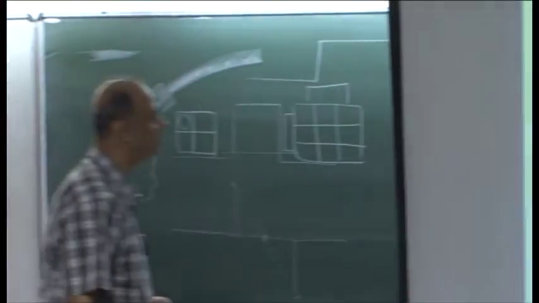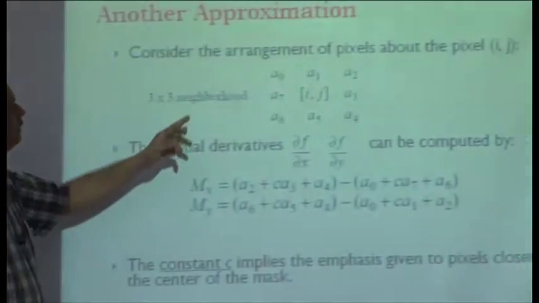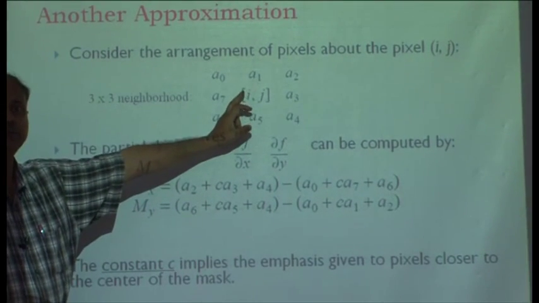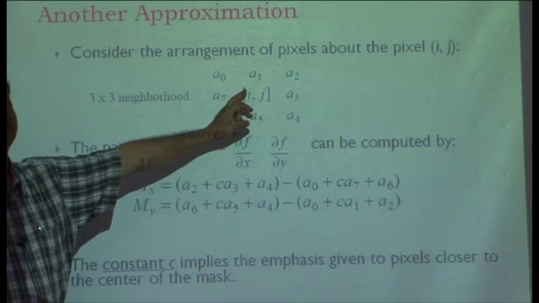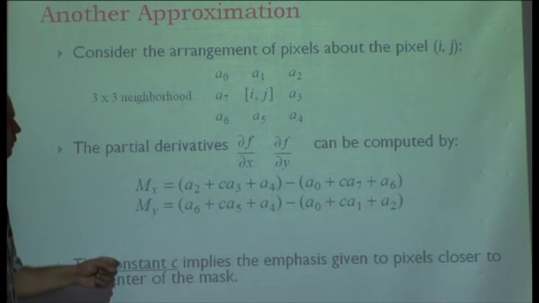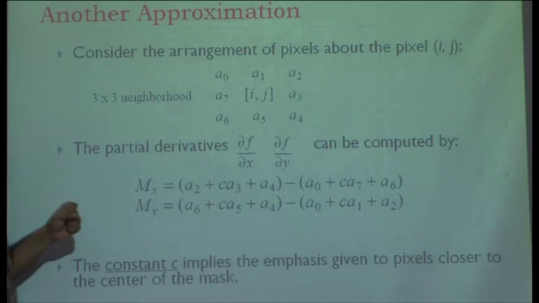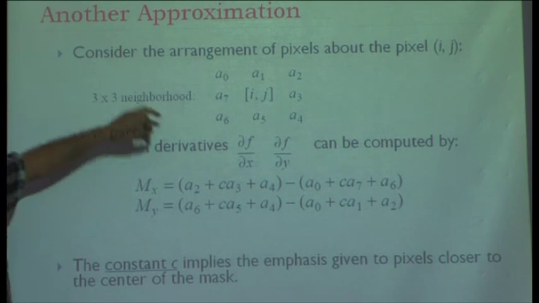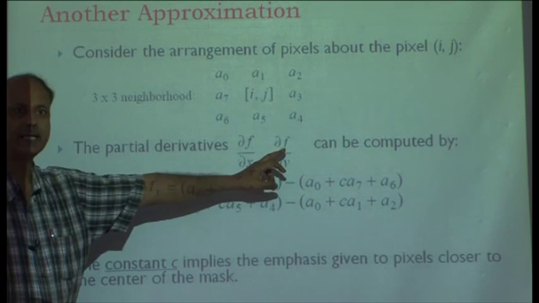If you have 3 cross 3 neighbors, these are the pixel values and this is the center, and you want to know whether this is an edge pixel or not, then we have to obtain the partial derivative of this.